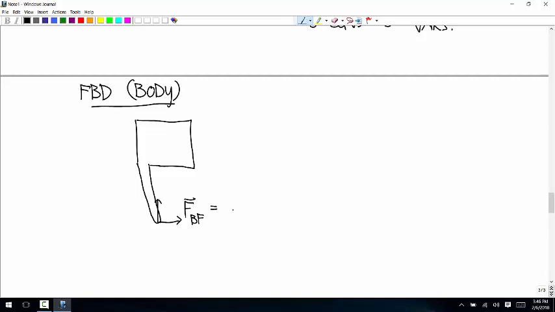And Newton's third law says that's negative the force on the foot by the body. And we have the weight force, that has a magnitude of mg if the mass is m. And then we have the cable force straight down, and that has the magnitude T.